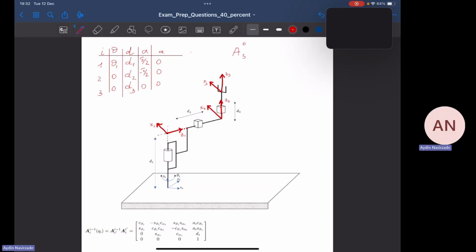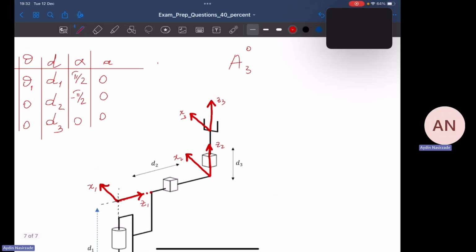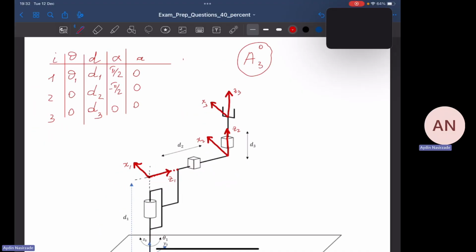Now, I am going to show you two methods. First method is using direct kinematic equations and the DH parameter table, I can derive my Jacobian matrices, or I can use geometric inspection to find whatever I need to derive the Jacobian matrix for this particular manipulator.